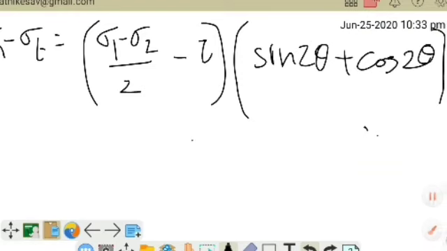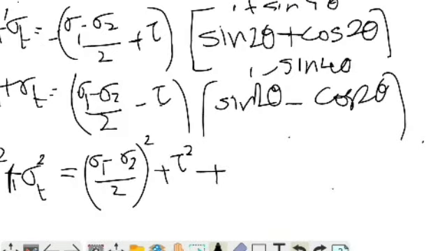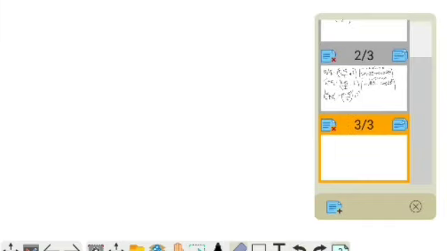Next, on solving, we will be getting sigma n dash minus sigma t and sigma n dash plus sigma t, and so on. And again, sigma n dash square plus sigma t square, you will be getting a constant, which shows this can be represented as a circle, and that is nothing but Mohr's circle, whose coordinates are sigma n dash and sigma t.